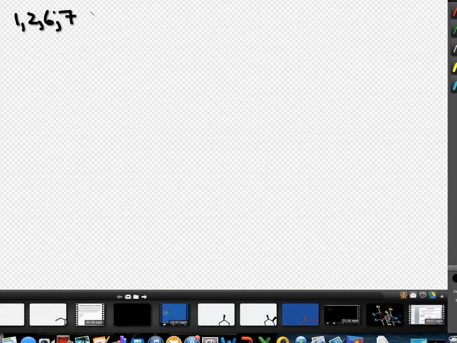Quite simply, I'd start backwards and work my way forwards. There's 9 carbons. Off of carbon 1 and 2 and 6 and 7, I have bromine atoms.